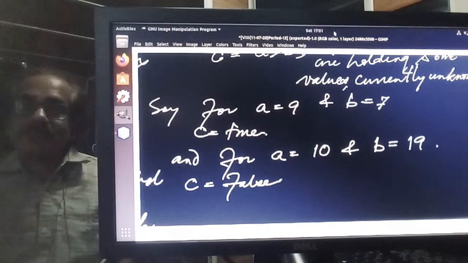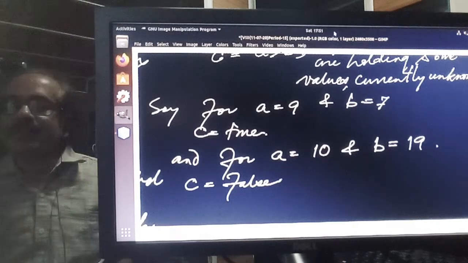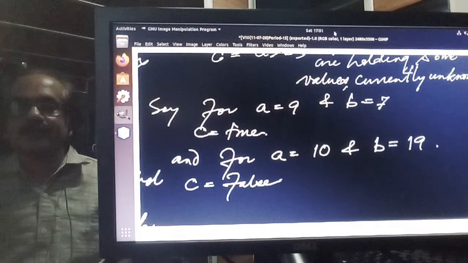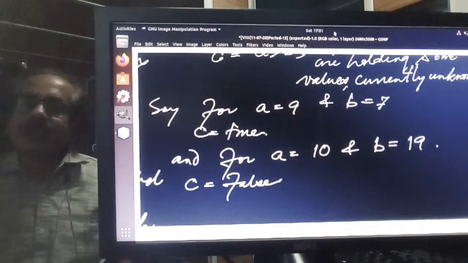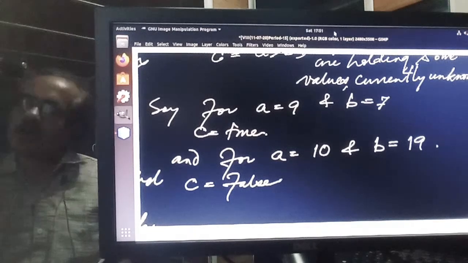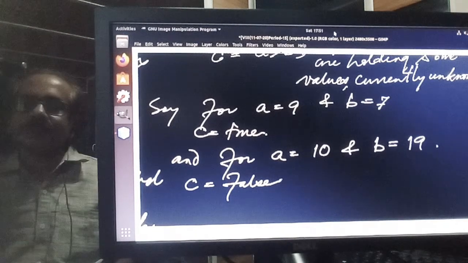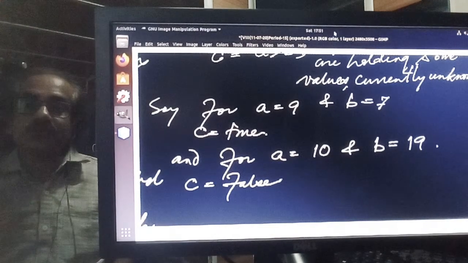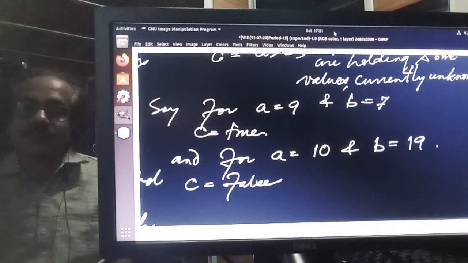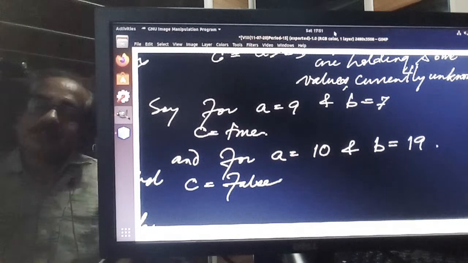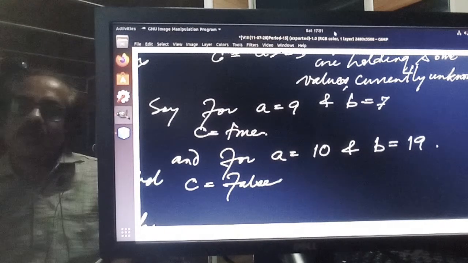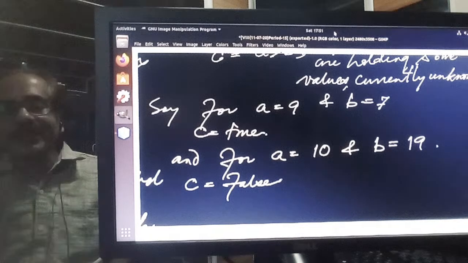A is holding 10 and B is holding 19. You are checking whether A is greater than B or not. No, A is not greater than B. So the statement you are making is a false statement. So the comparison will result only in true or false.